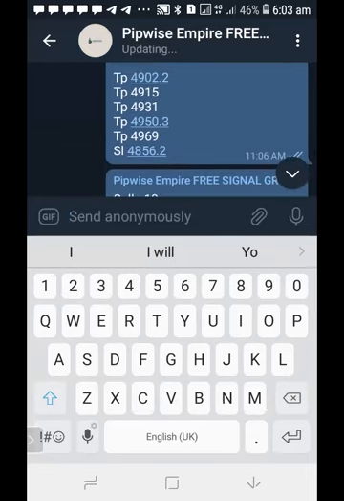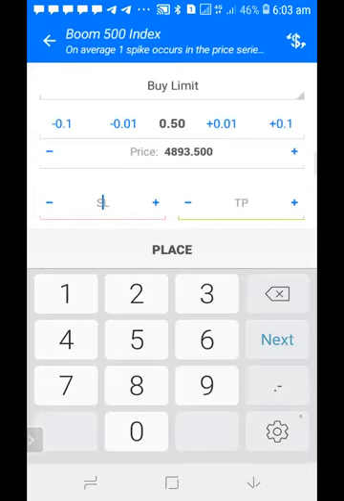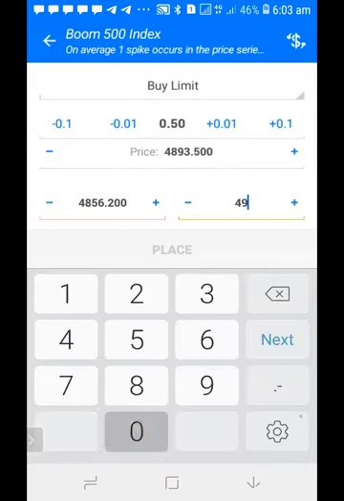Yeah. So we come here, stop loss 4856.2. So what will be our TP? Our TP will be the first one, 4902, right?